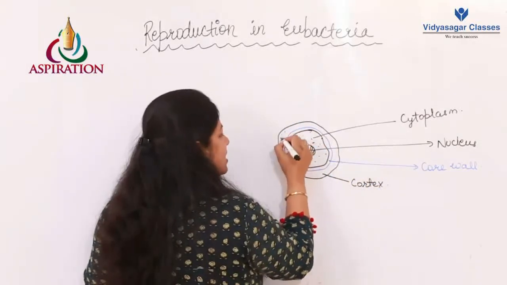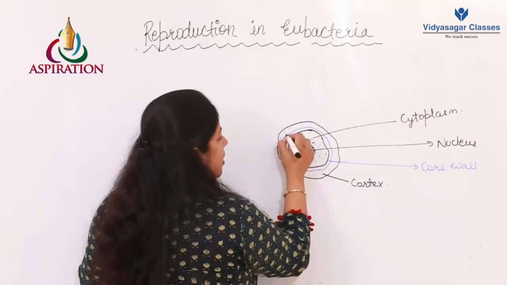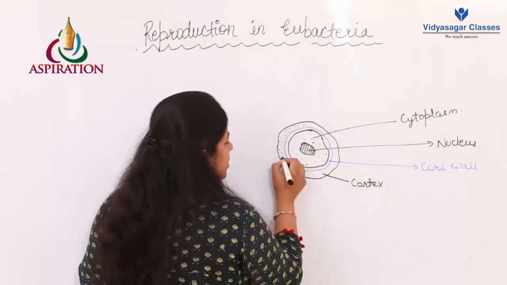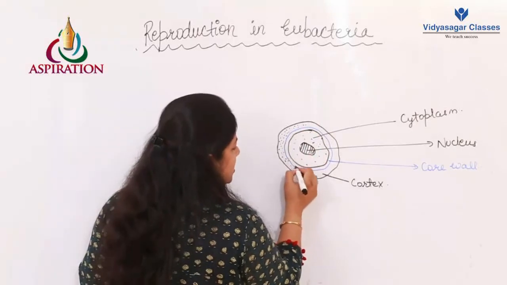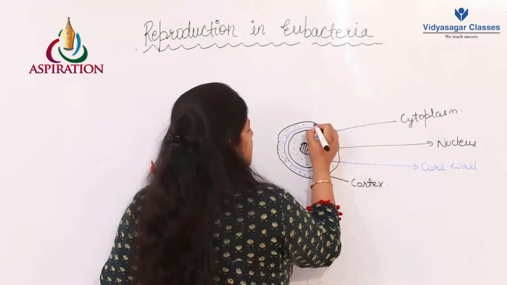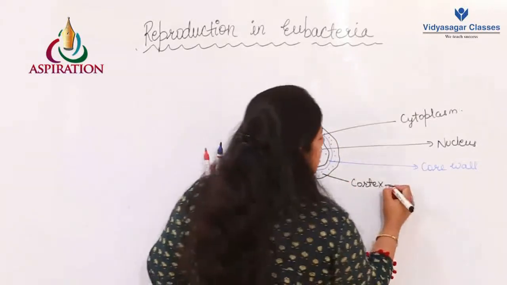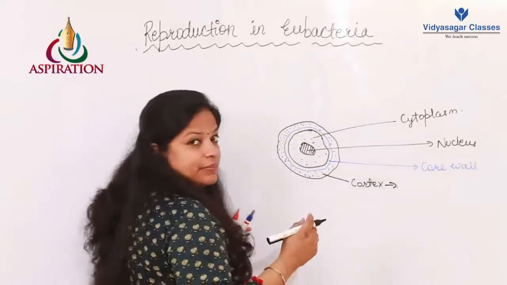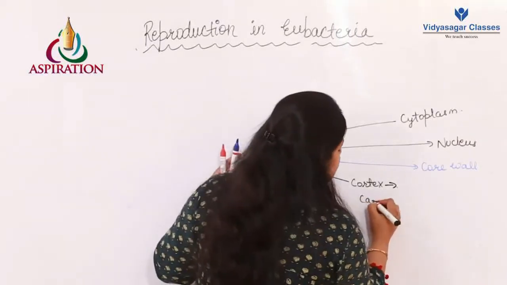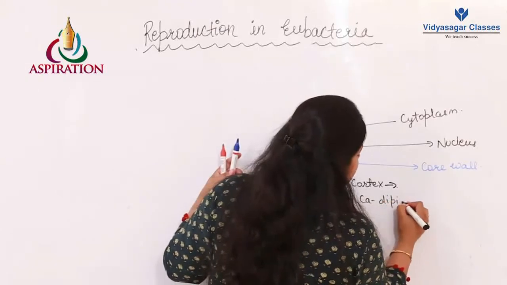It also has cytoplasm with different density than the cytoplasm present at the core. This layer is known as the cortex, which contains an anticoagulant known as calcium dipicolinic acid.